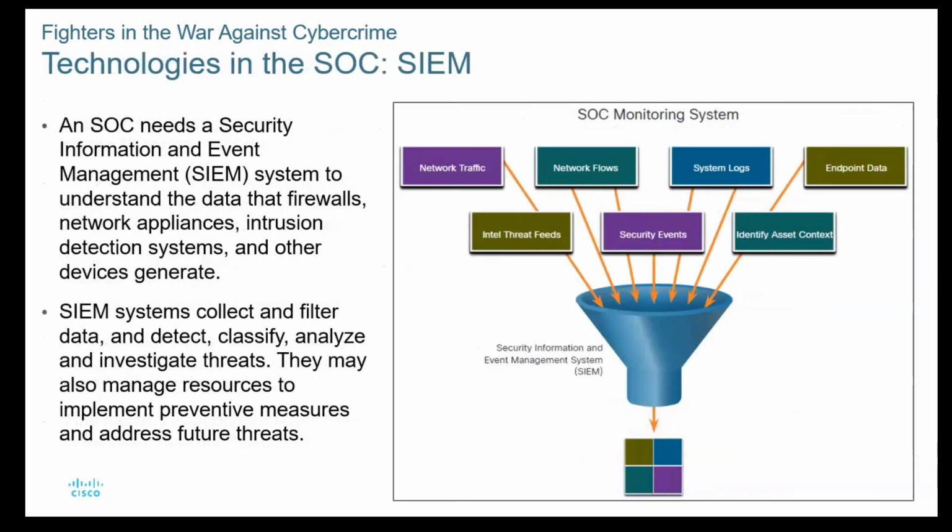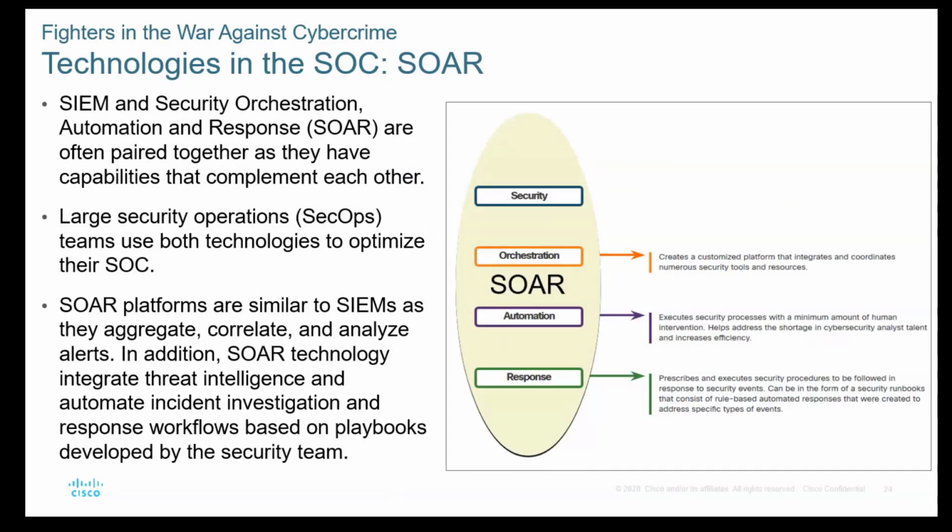Now, all of this comes together: network traffic, threat intel feeds, network flows, system logs, security events, identity and access context, endpoint data. We can print out a report using a system called SIEM, Security Information and Event Management system. You see another one here, security orchestration.